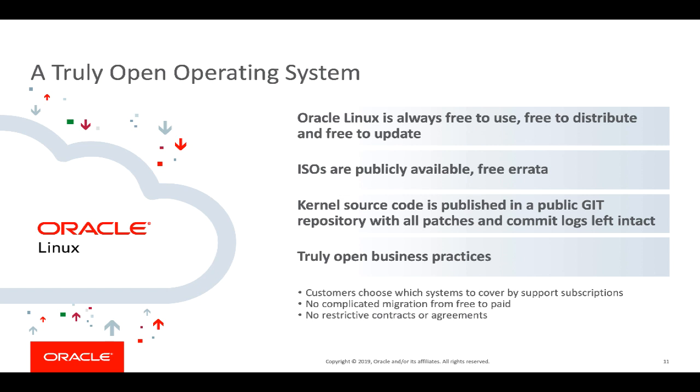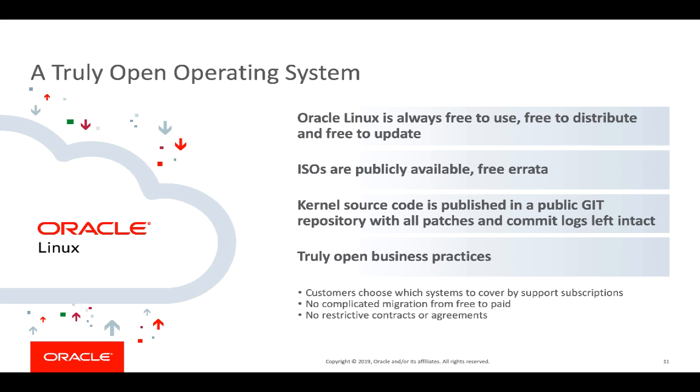Oracle Linux ISO images are publicly available. Full source code is published in a public repository on oss.oracle.com. And Oracle provides security updates and bug fixes for Oracle Linux for free from the Oracle Linux YUM server on yum.oracle.com.